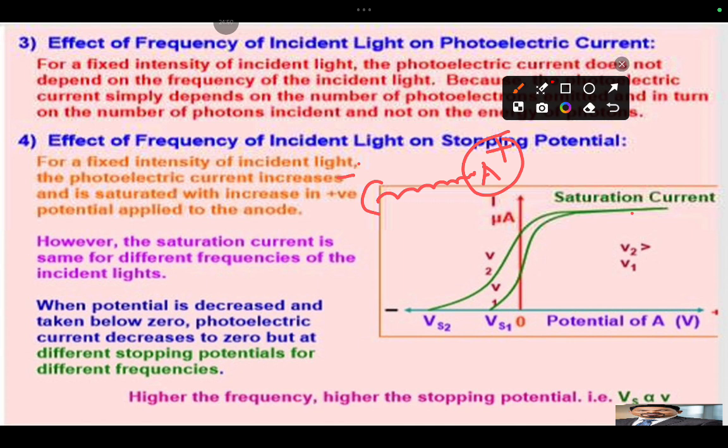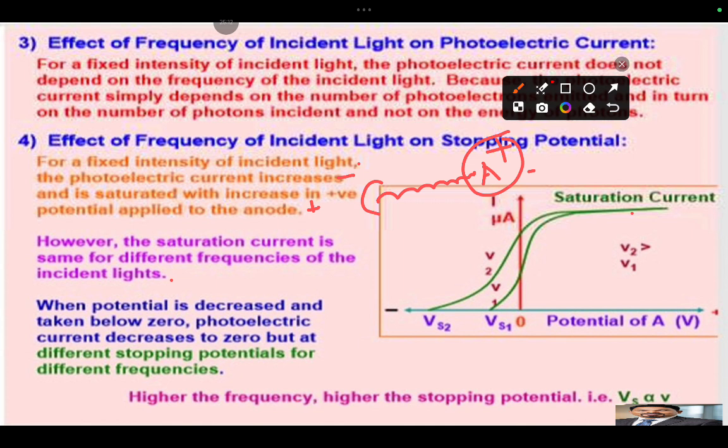This saturation current is the same for different frequencies of the incident light. When the potential decreases, that means when we shift the terminals so this is positive and this is negative, the photoelectric current decreases to zero.